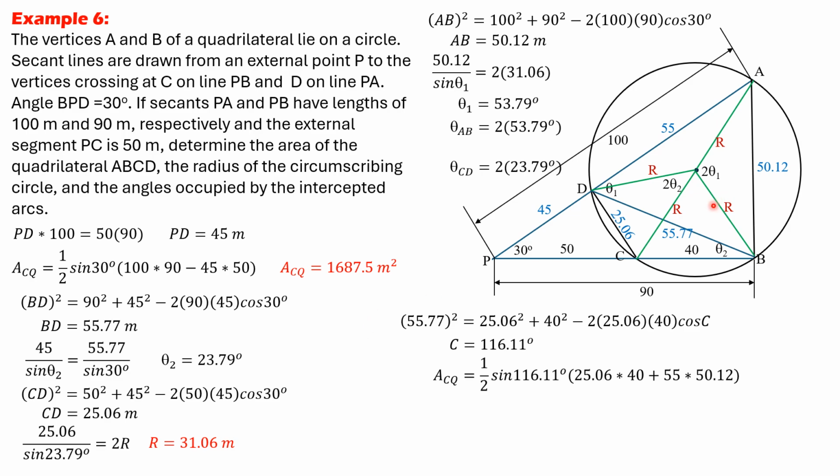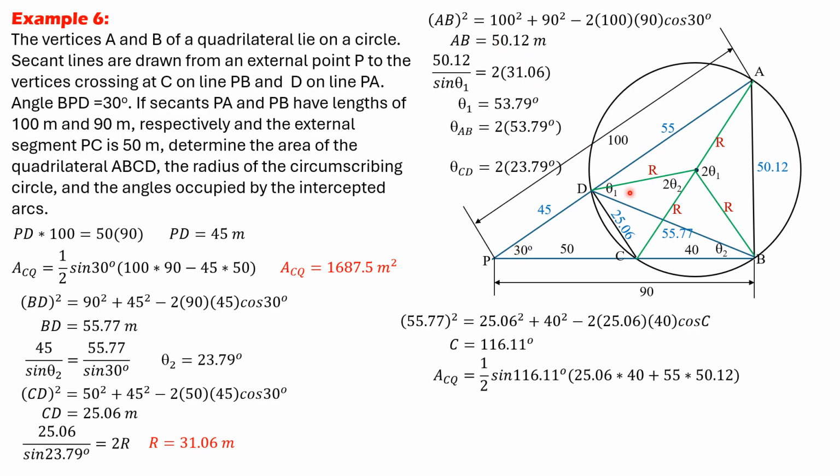So to continue, let us show that the angle occupied by the subtended arcs AB and CD, 1/2 the difference rather of the angles occupied by AB and CD, the intercepted arcs, is equal to this angle 30 degrees.